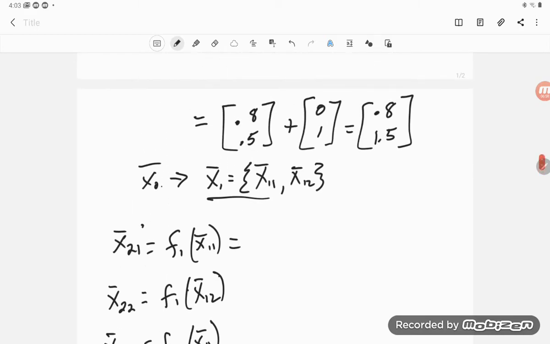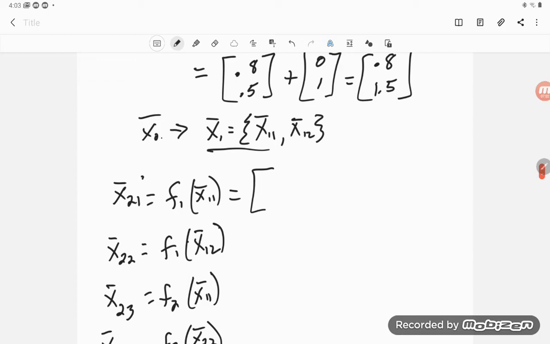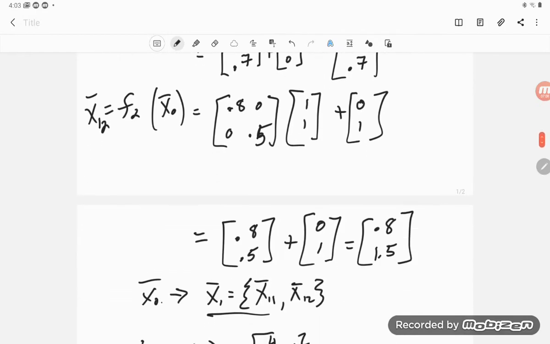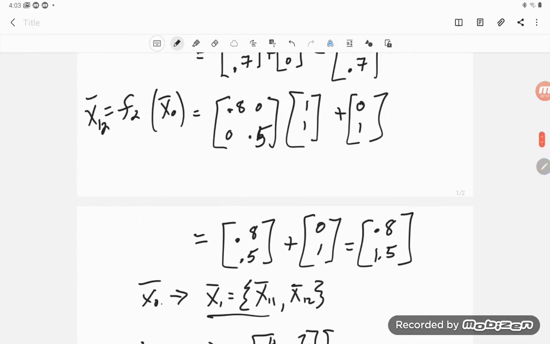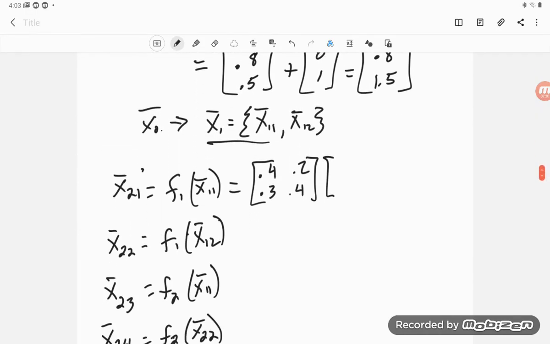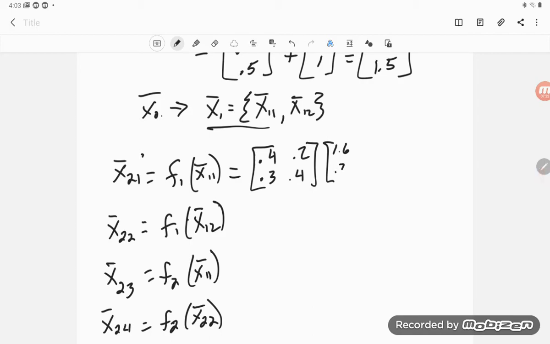And so I have my matrix, I think it was 0.4, 0.2, let's go back and find it, yes, 0.3 and 0.4. Then that will be times my x11, which was 1.6 and 0.7, and then plus my 1, 0.